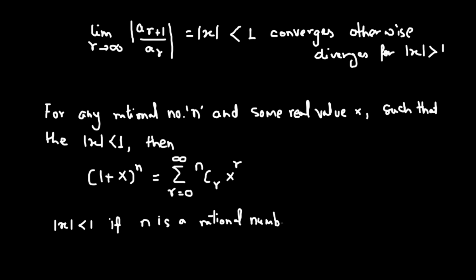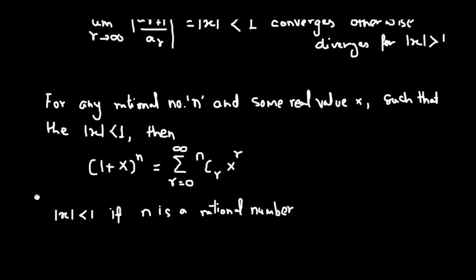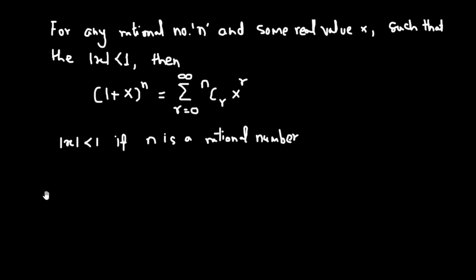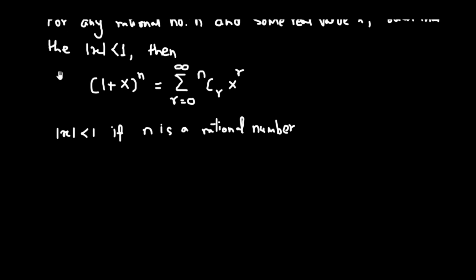Otherwise, it's unnecessary to consider this particular condition if n is a positive integer. Now there are a few more remarks that I'd like to make before concluding this lecture. Now we have given that this is the standard form of the binomial theorem for any index.